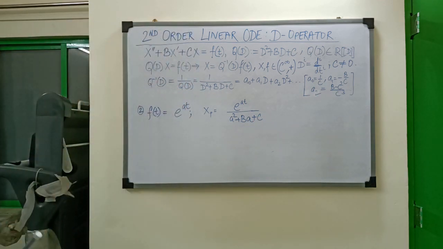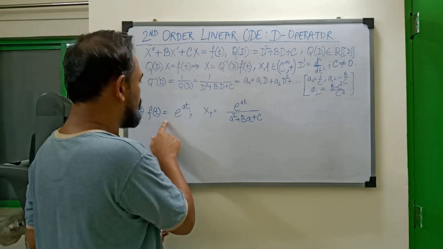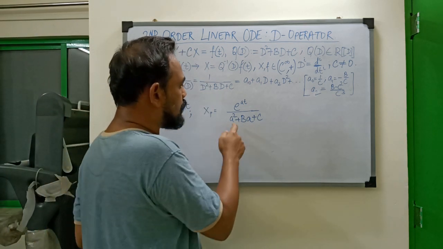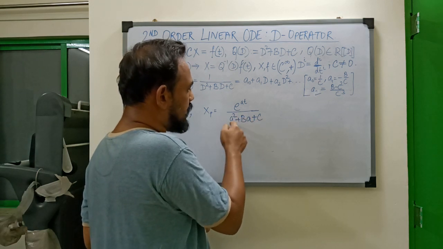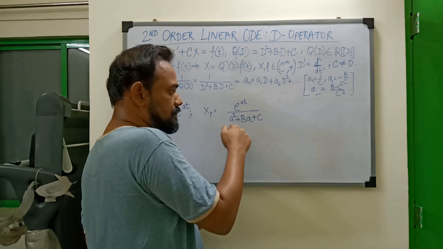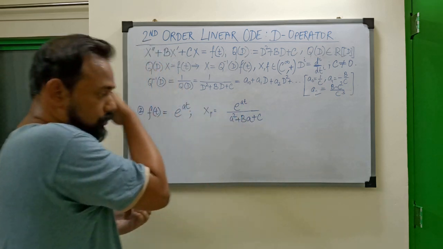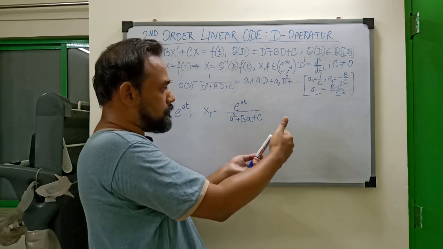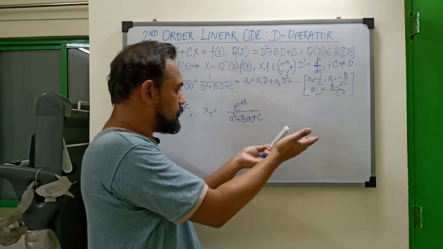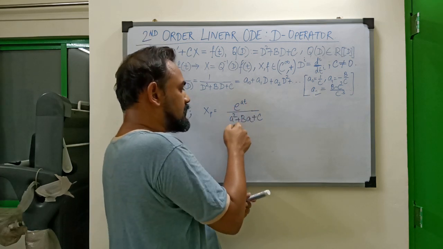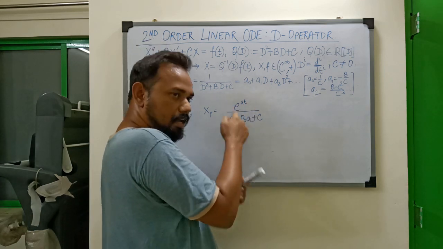Okay, so this was the particular solution when the input was e to the power at, and of course this was the case when this a was not a root of this quadratic equation. If a was a root of this quadratic equation, that was the case of resonance, and we worked that out with the help of L'Hopital's rule, and we got t e to the power at, and then a differentiation, so 2a plus b.